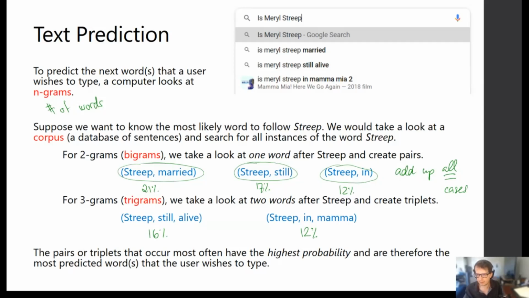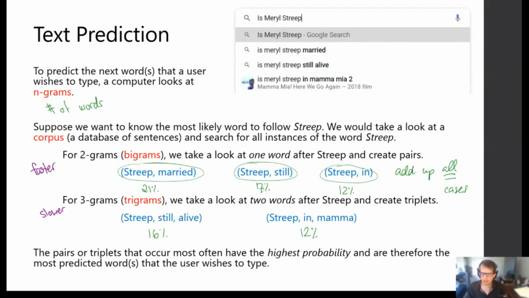Now, it's usually the case like, well, which one do you pick? Do you do 2 grams or 3 grams? How would you know which one you're doing? Well, it's going to depend. So 2 grams is going to be faster than 3 grams, which is going to be slower to check.